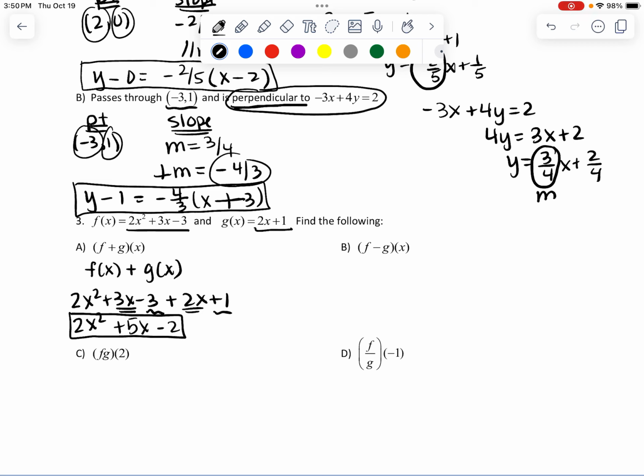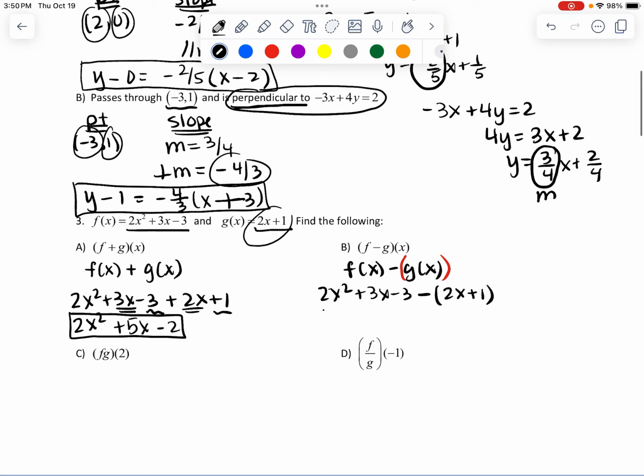Okay, B is very similar, except now you're subtracting. So again, the translation is f of x minus g of x. And you guys remember when you're subtracting, I'm going to put parentheses around whatever I'm subtracting to make sure I distribute the negative sign. So f of x, again, is 2x squared plus 3x minus 3. Then minus, don't forget your parenthesis, and then you're subtracting g of x, which is 2x plus 1.